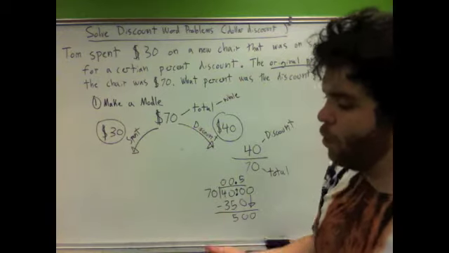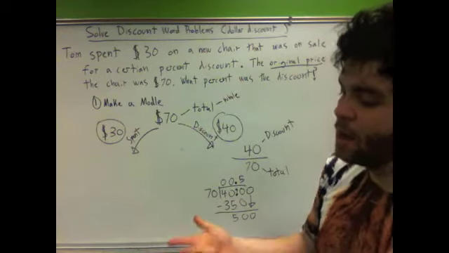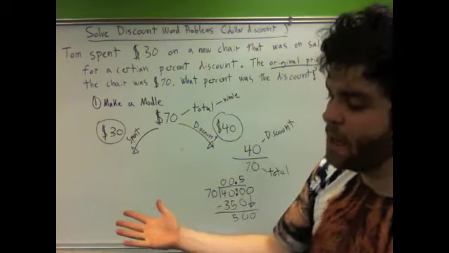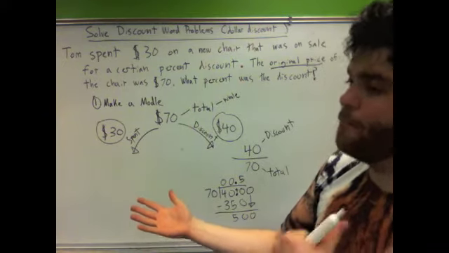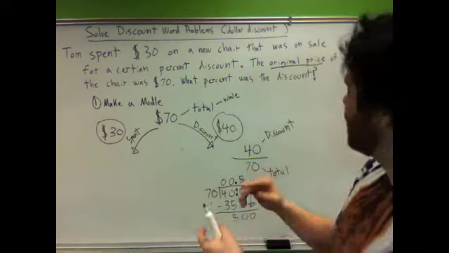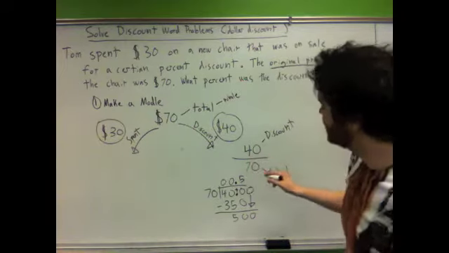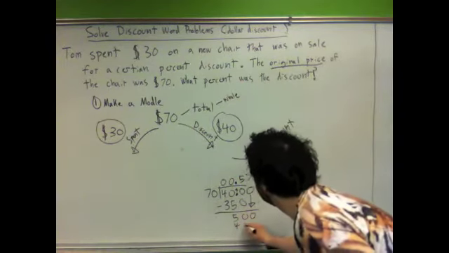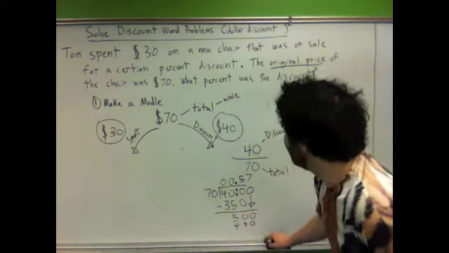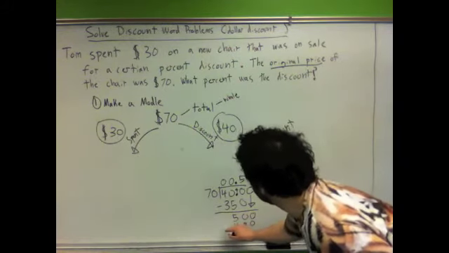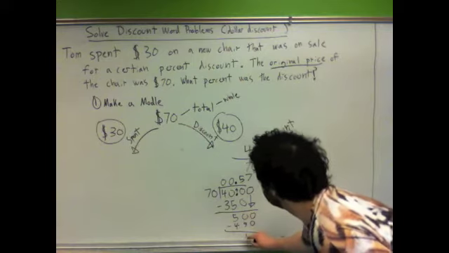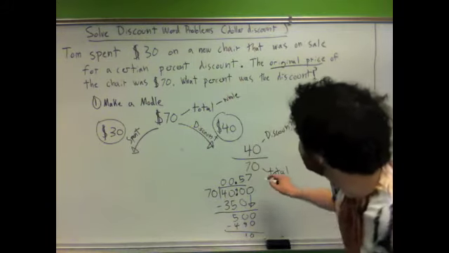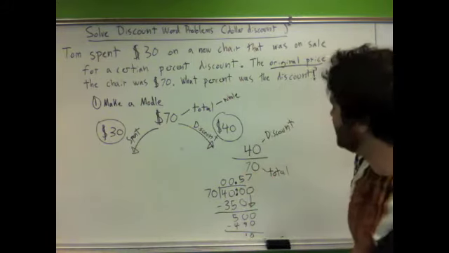Well, 70, 140, 210, 280, 350, 420, 490. So that's actually going to be 70 times 7 is 490. Subtract these off again. We're going to get a 10 remainder, but that's going to be fine.